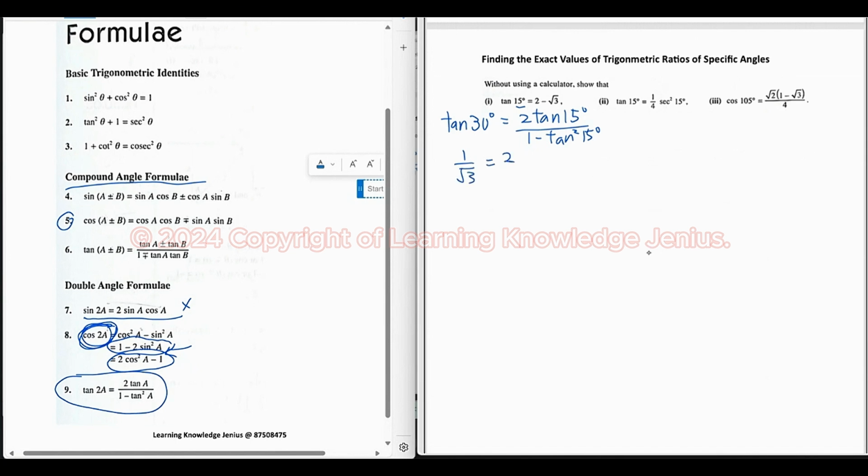So it is equal to 2 tangent 15 divided by 1 minus tangent square 15. We just cross multiply it, then you rearrange them.